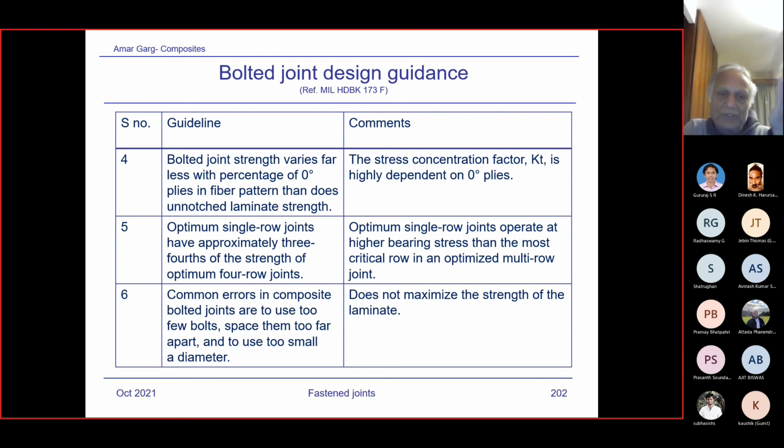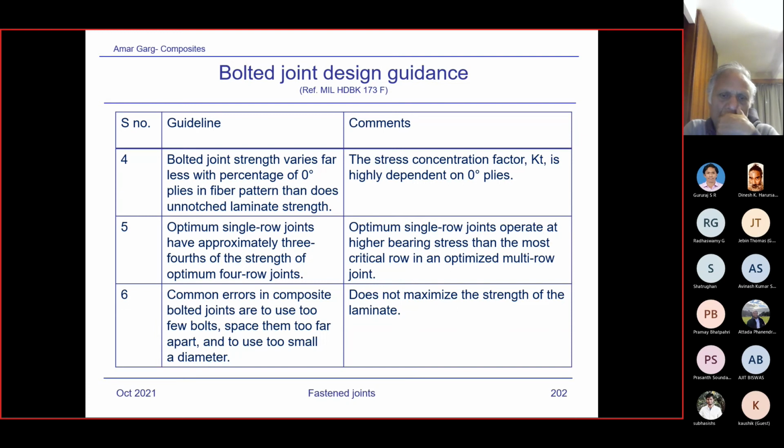So suppose your joints are having 3 rows, you increase to 4th row. That really doesn't affect significantly. You do not carry much load. So again, it's a question of optimization of the number of rows.